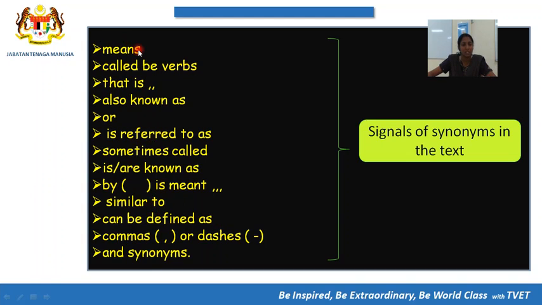For example: means, called, be verbs, that is, also known as, is referred to as, sometimes called, is or are known as, is meant, familiar to, can be defined as, commas, dashes. So these are the signals of synonyms in the text.